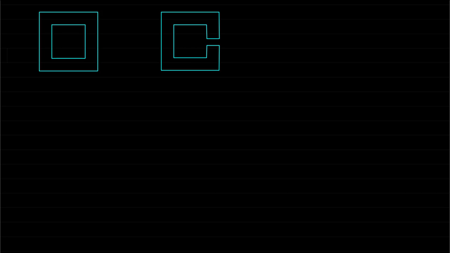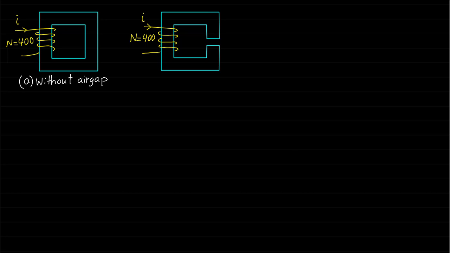Now let's assume we have these two magnetic circuits and try to determine the excitation or magnetizing current I for both circuits. As you can see, circuit A is implemented without an air gap, and circuit B is implemented with a small air gap.